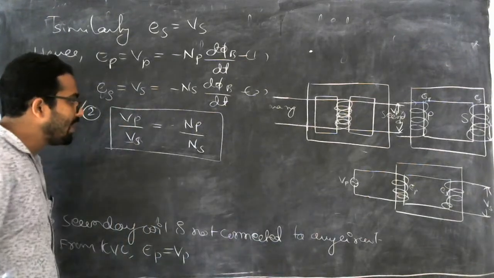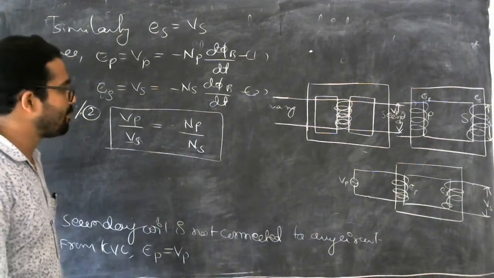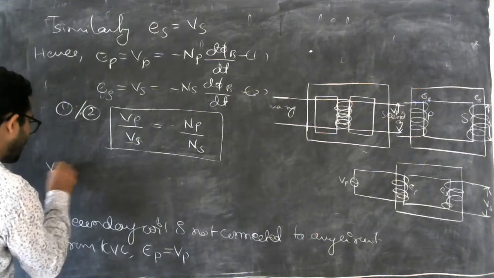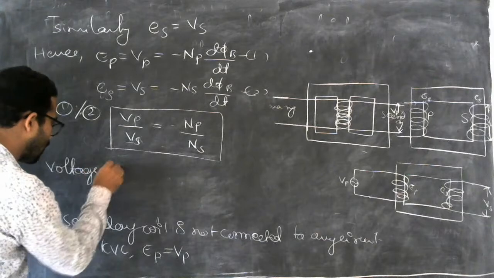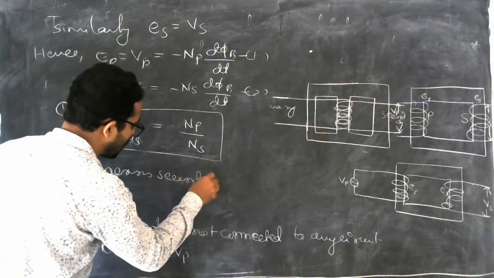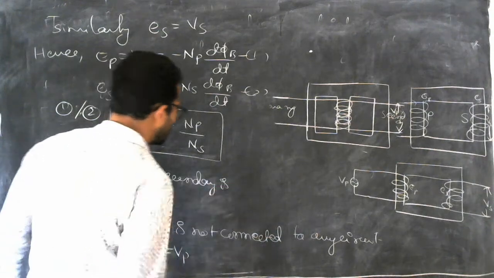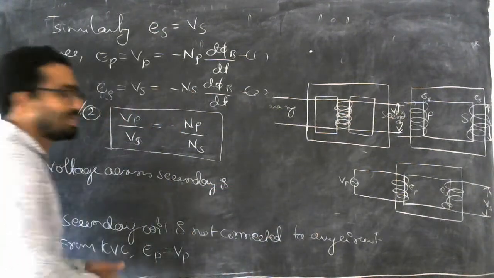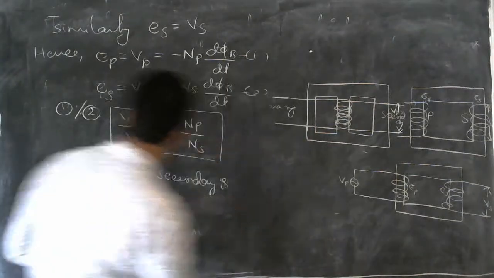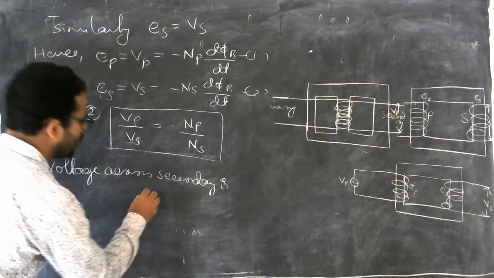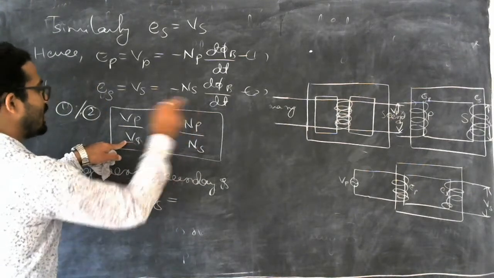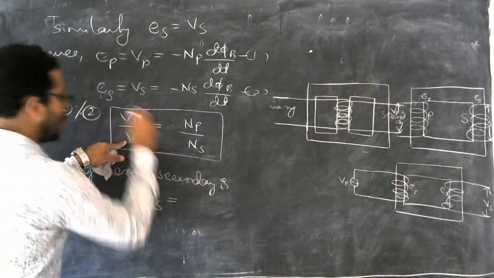Then can we rearrange anything? Can we identify anything from this? Yes. Voltage across the secondary, VS, you want to find out. VS equal to, take the VS here, take the NP over here, NS over here.